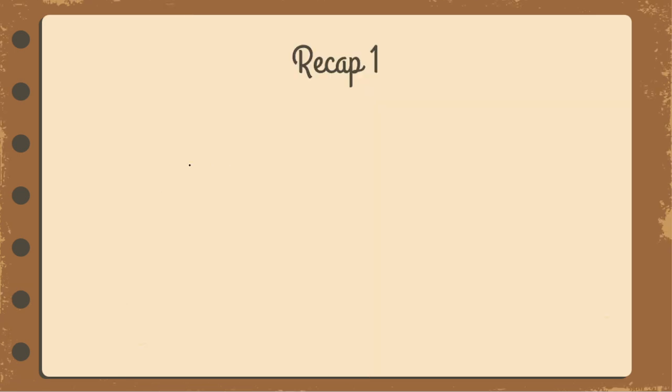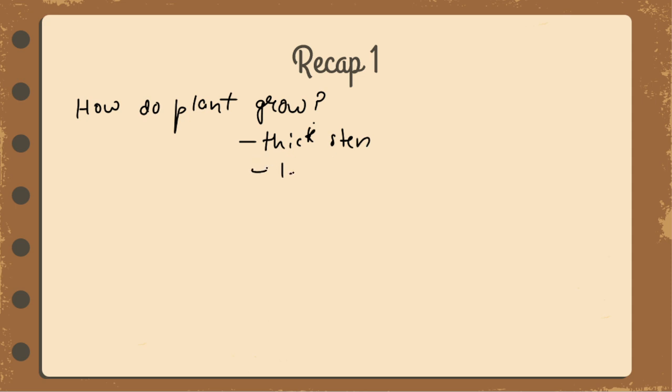So what we have learned till now is how plants grow. We have learned that they show some noticeable changes like thickening of stem, emergence of leaves or increase in height as an indicator of growth. Next, we learned about experiment or activity 10.1, in which we took three pots.